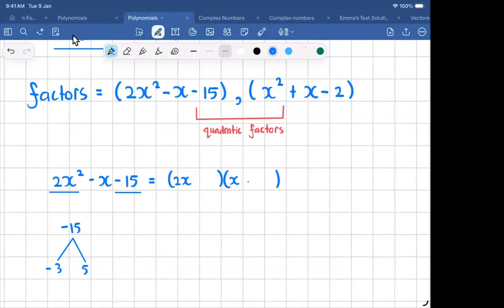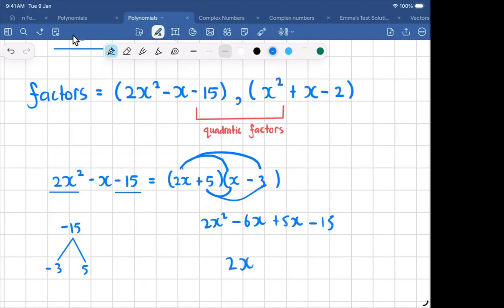Let me show you how you would write it for it to work out. 2 by x is 2x squared. 2x by minus 3 is minus 6x. Plus 5 by x is plus 5x. 5 by minus 3 is minus 15. Wouldn't that work out? Yes. So that's that.